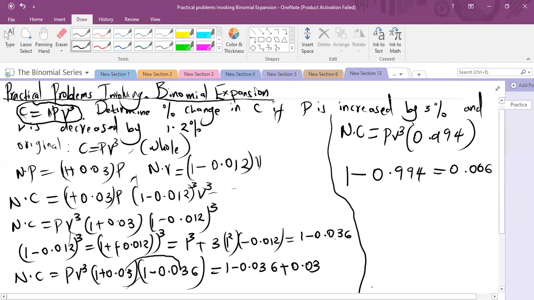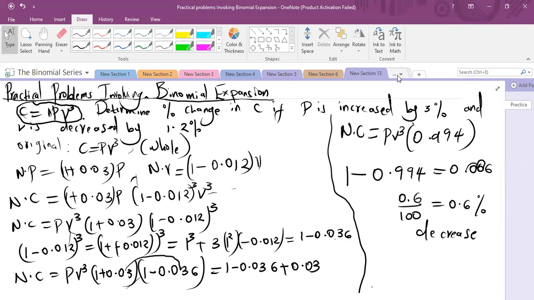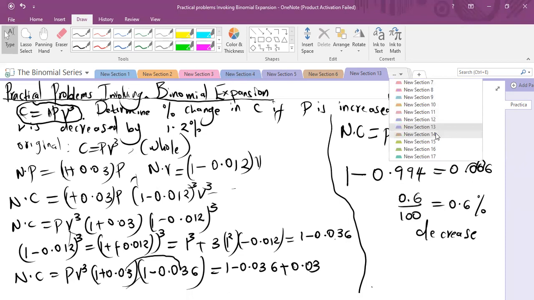And what is this in percentage? That is the same as 0.6 over 100, which is obviously 0.6%, and it is a decrease, as you can see. So basically, that's how we go about solving such questions.